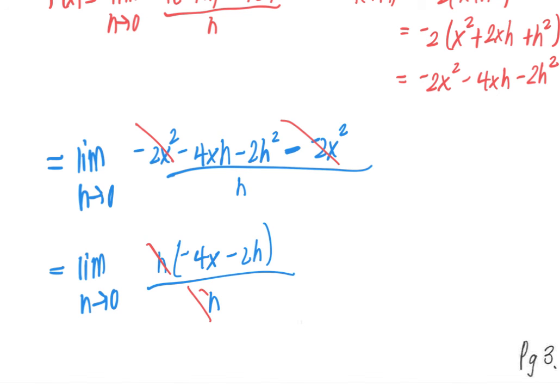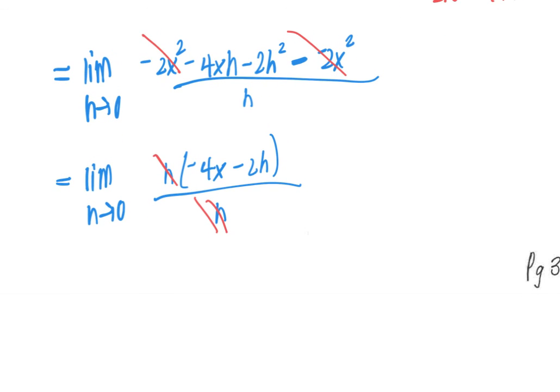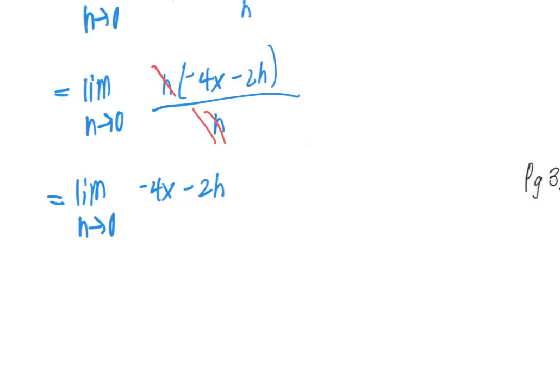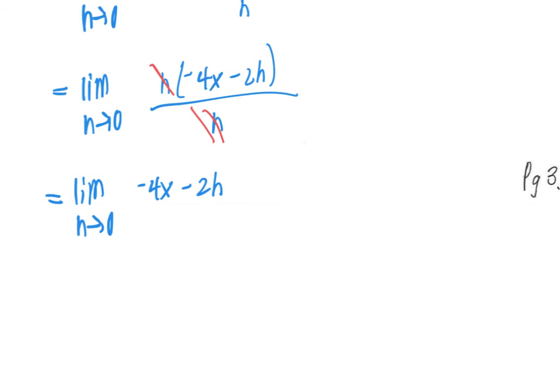We have the factor of h that cancels. Okay, so now if you plug in 0 for h, we get negative 4x. That's our derivative.